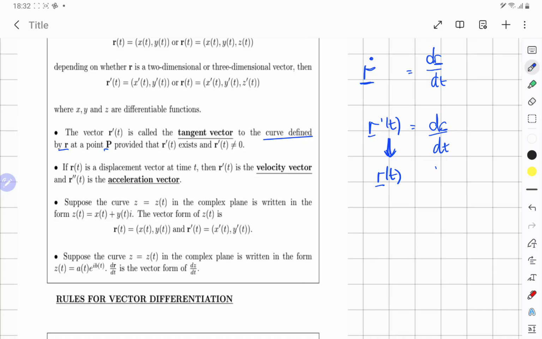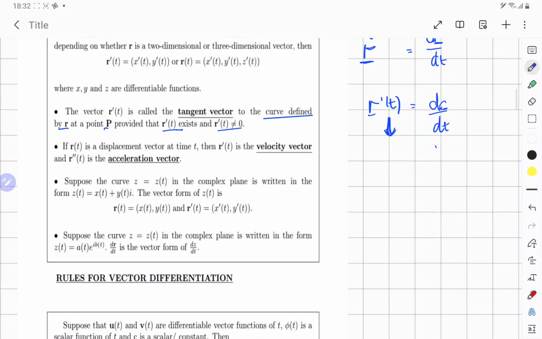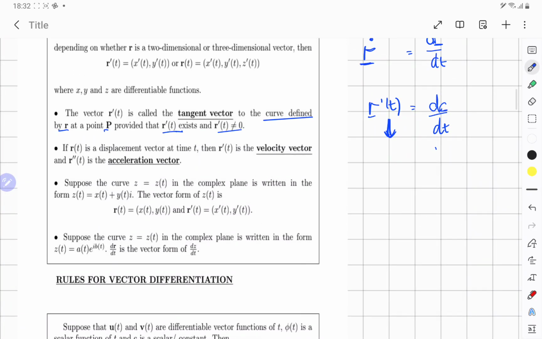So just remember that we change a curve into a vector, and hence the vector calculus. But more on that later. So just remember, when you do the derivative, make sure that it does exist and that the derivative is not 0, since it defeats the point if the tangent vector is 0.